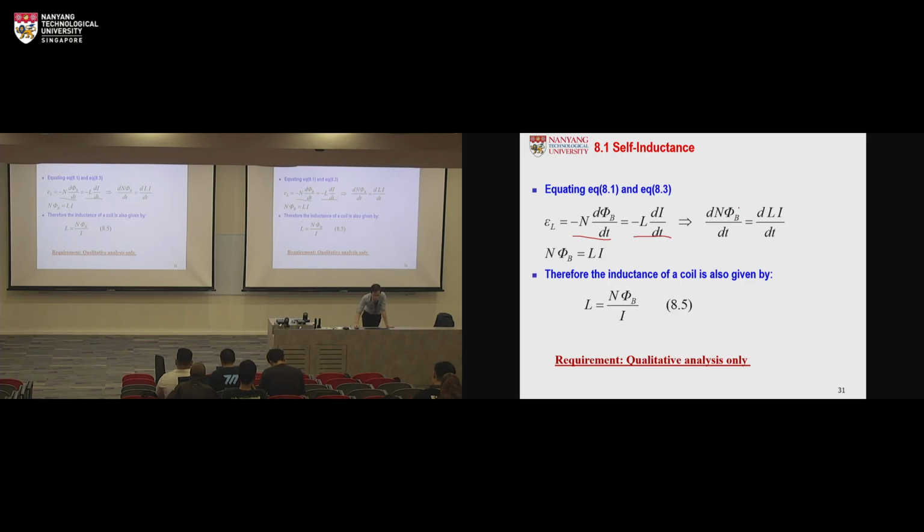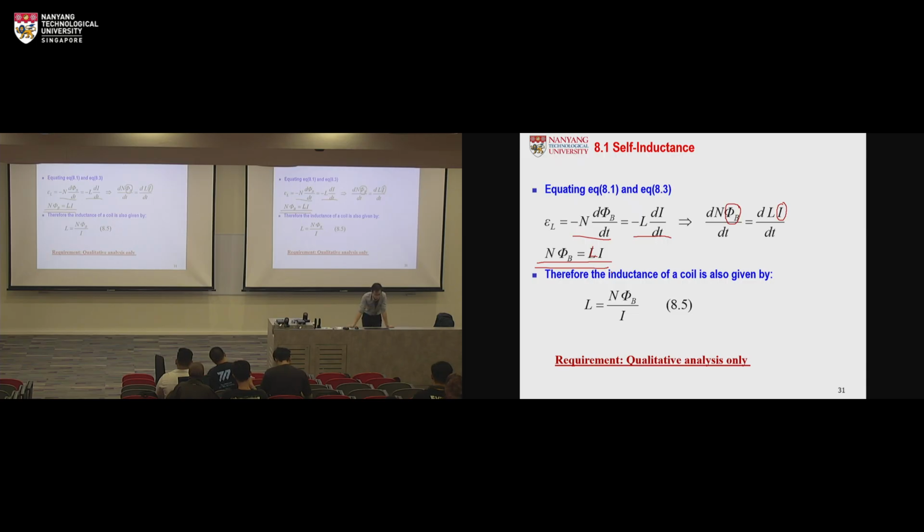And again, this phi B is proportional to I. So you will find out there will be this relation between the magnetic flux and I, and this L is the so-called self-inductance of the circuit.